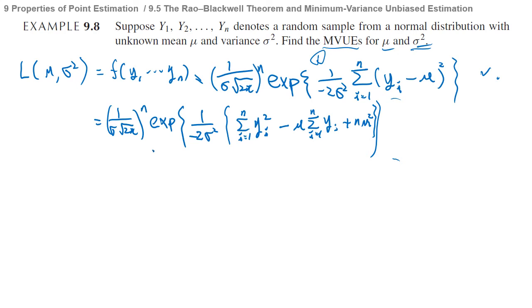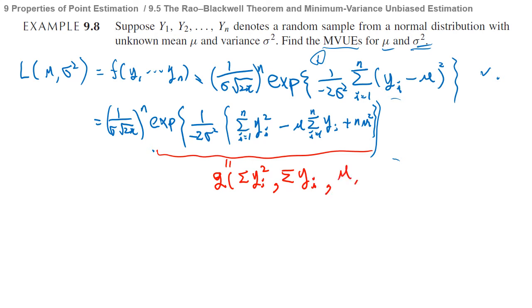Here we can see that this part is a function of the sum of yi square, the sum of yi, and mu and sigma square. This part is our h of y1 to yn.